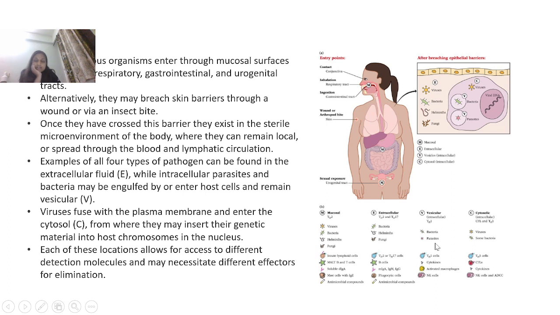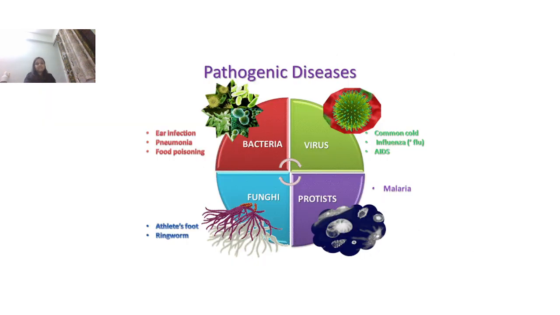Then these bacteria and parasites which can enter through the vesicles can activate these Th1 cytokines, macrophage pathways. Then cytosolic means virus and some bacteria, they will activate this pathway. So different kinds of pathogen will enter through different routes and they will activate different kinds of pathways.